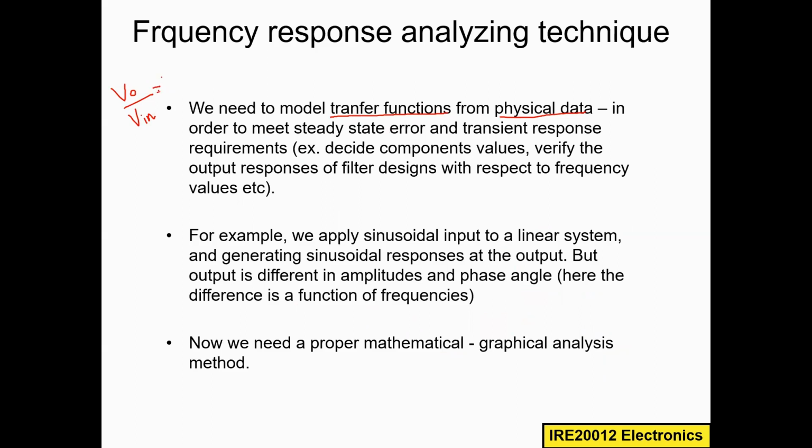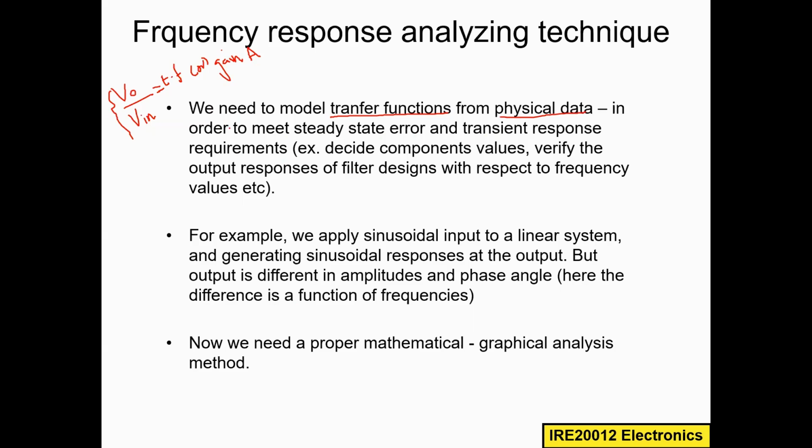It's called a transfer function or gain, gain A. So we need to model this transfer function from the physical data, what we apply and what we get at the output, in order to meet steady state error and transient response requirements.